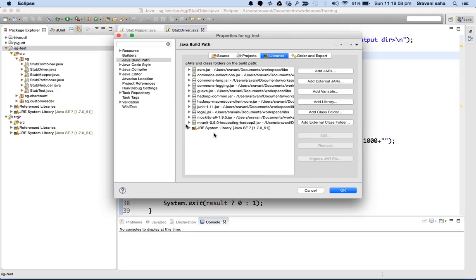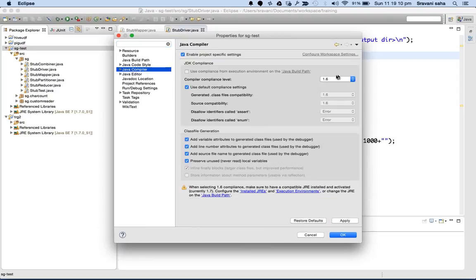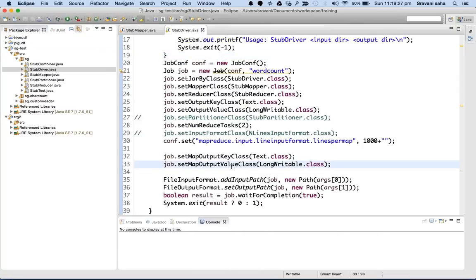Here in the Java compiler, we can specify our compliance level, meaning our program will be able to run on Java 1.6, Java 1.7, Java 1.8. Okay, Java 6, Java 7, Java 8. So that is how it is designed.